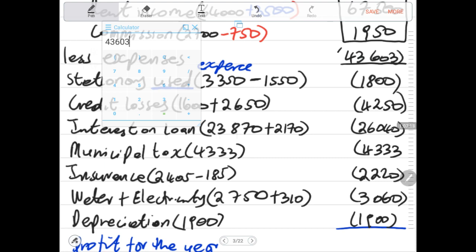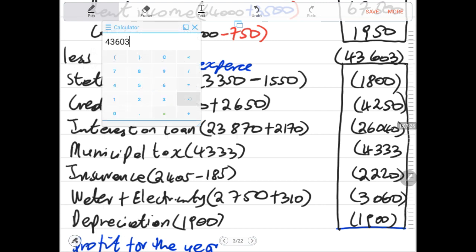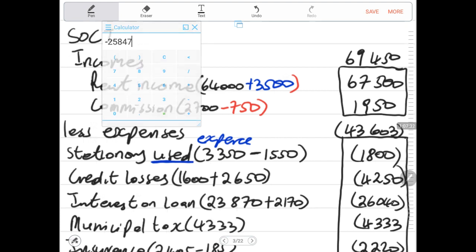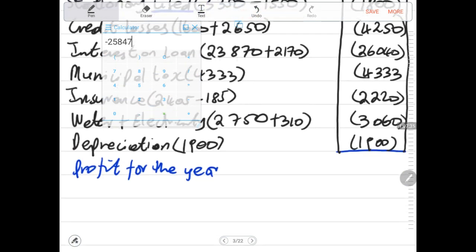43,603. Still negative. Throw a line there in between or across. Then we say minus 69,450. But remember, for me, I know that is still a profit, even if I deducted the big one from the small one, or the small one from the big one. 25,847. Then we have other comprehensive income for the year.